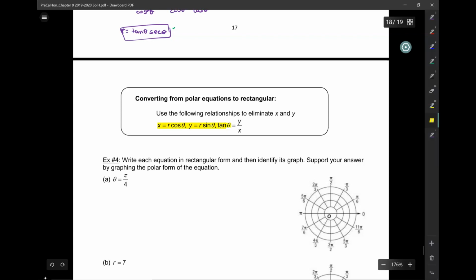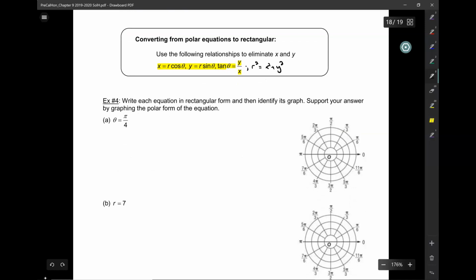But then in addition to that, we're going to add to our toolbox, tangent of theta is y over x, right? So that's an option as well. And then one more thing that we might have to use, so let's add that on here, is r squared is equal to x squared plus y squared. That also comes up. Okay, so here I have theta is equal to pi over 4. All right, well, there isn't much I could do with this, right?